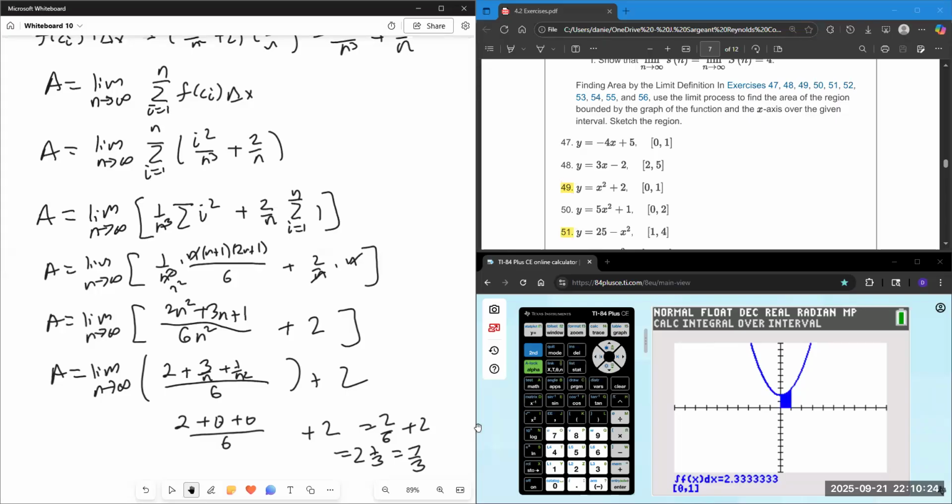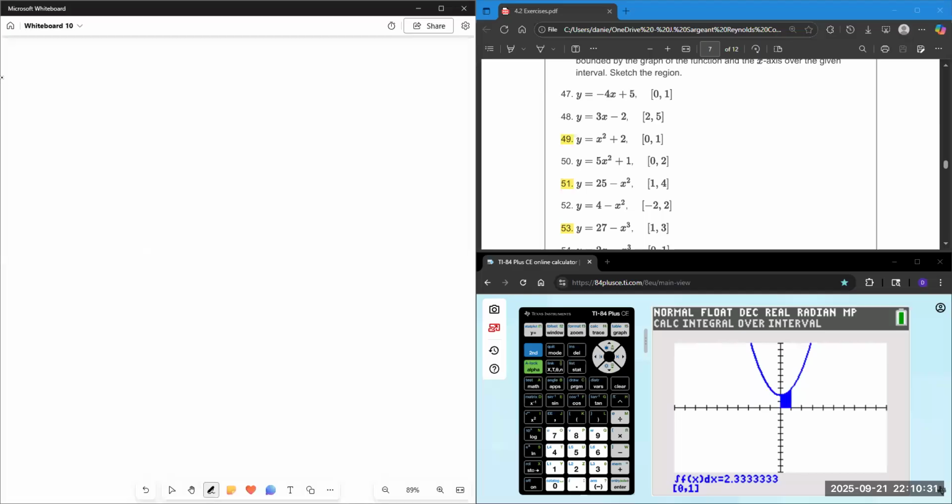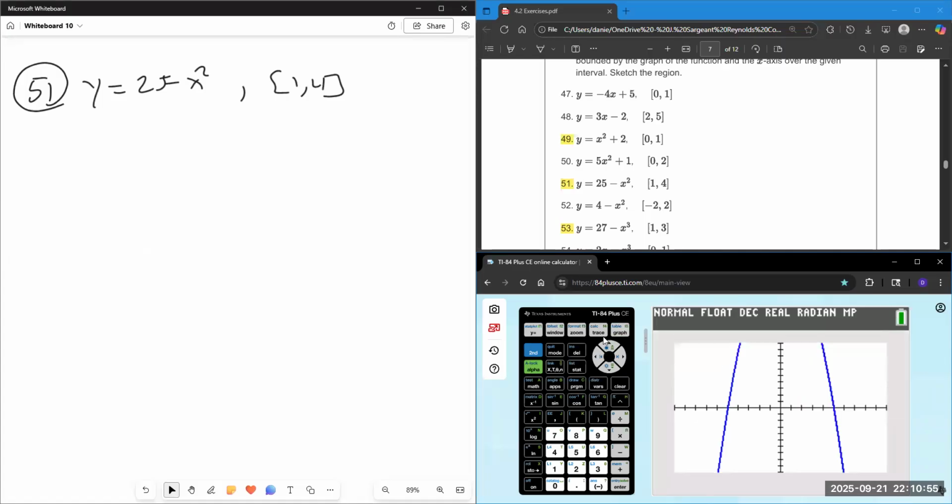Look now at number 51. 51 says y equals 25 minus x squared on the interval of 1 to 4. So y equals 25 minus x squared, and graph that.